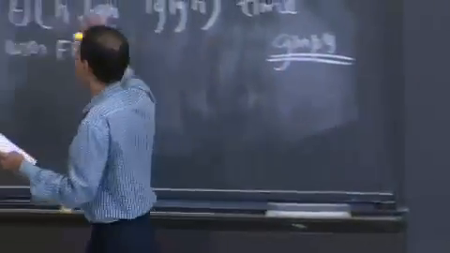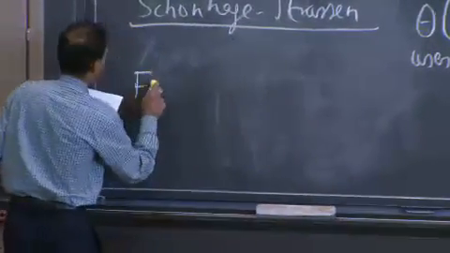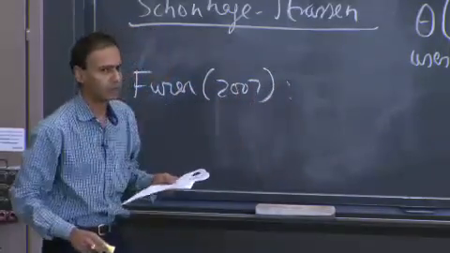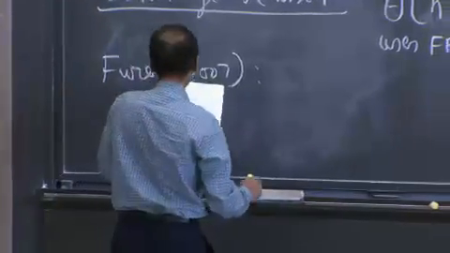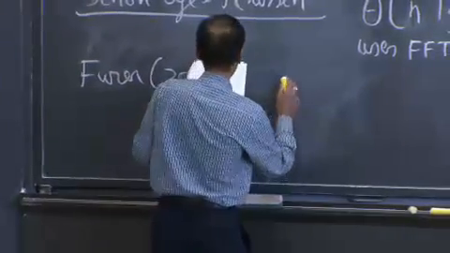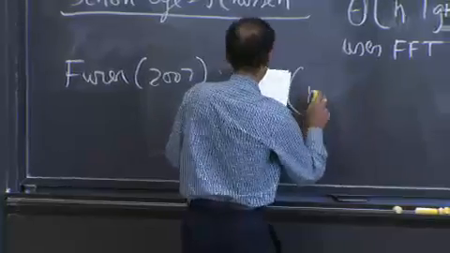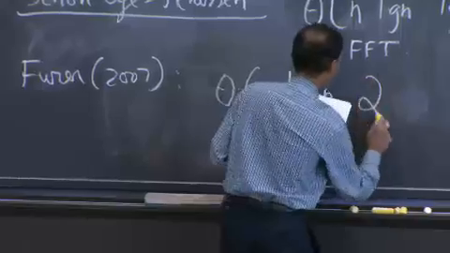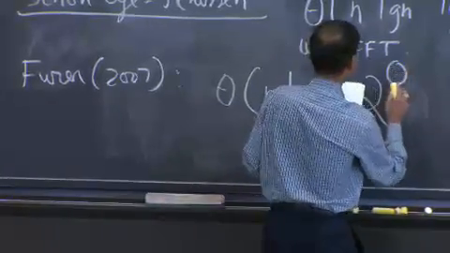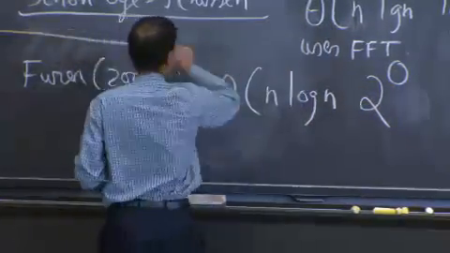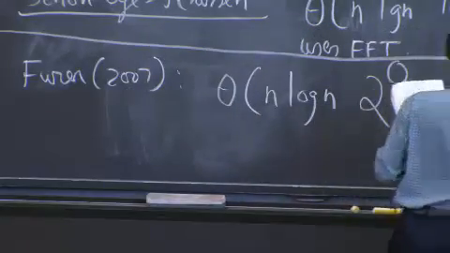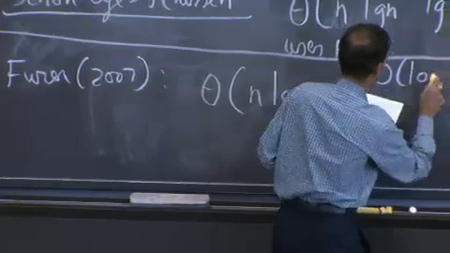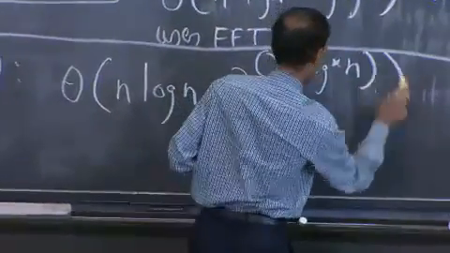All right? So lastly, this looked pretty good for a while. And from a theoretical standpoint, there was a breakthrough. A guy by the name of Fürer came up with this algorithm that is n log n, and let me write this carefully, 2 raised to big O, that's an upper bound, of log star n.